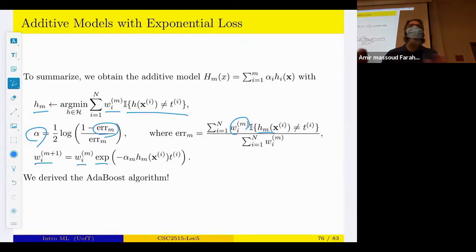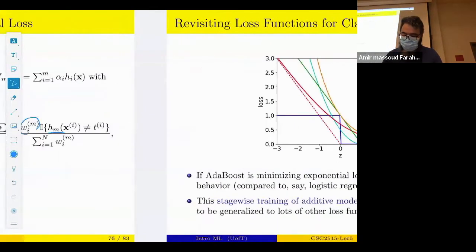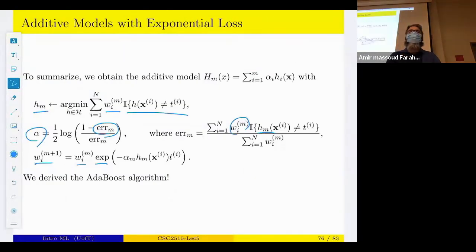If you compare it with several slides ago, this is exactly the same update rule as AdaBoost. So what is happening is that we showed that if we start with additive models, do stage-wise training, and choose an exponential loss, what we get is the AdaBoost algorithm.